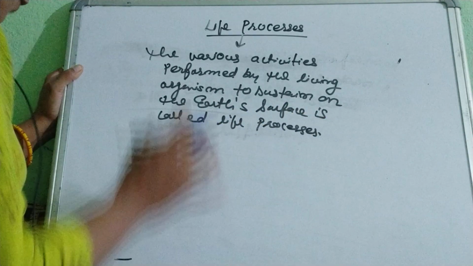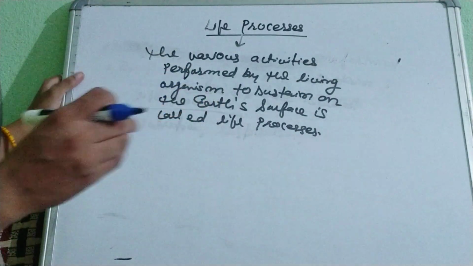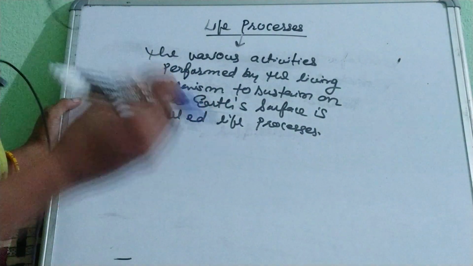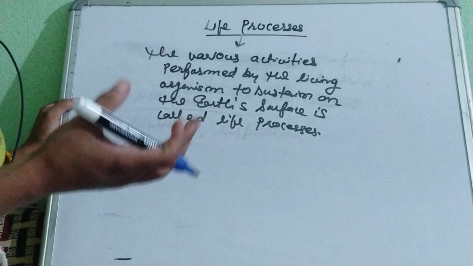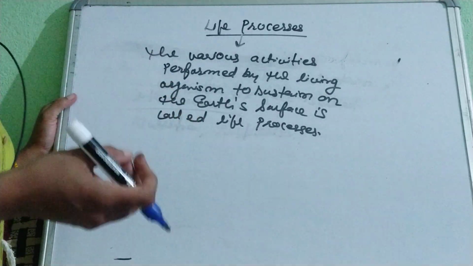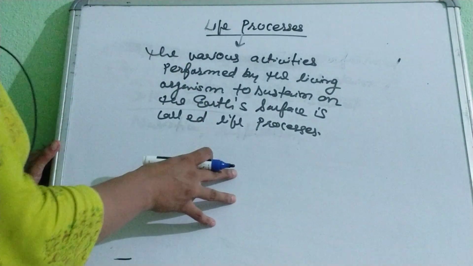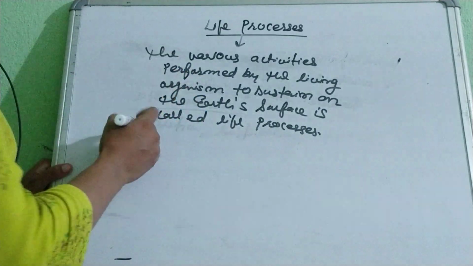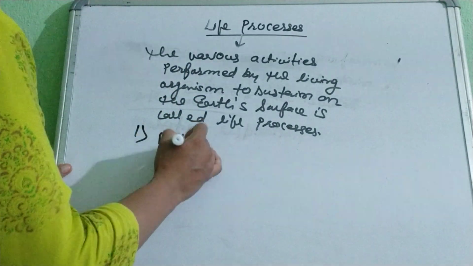Now see, if I ask what are the different life processes performed by the living organism to sustain on the earth surface, it is said that there are some basic life processes. The first life process is nutrition.